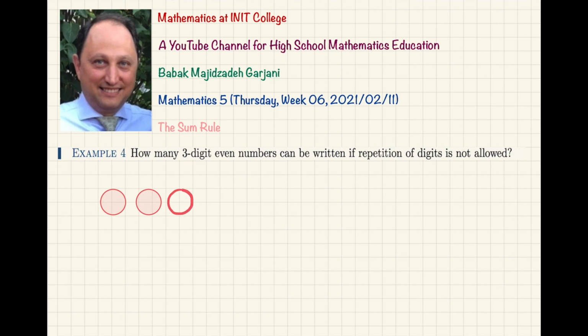Okay, but you know that there are two problems, and 0 cannot be here. On the other hand, 0 sometimes can be here because I'm interested in even numbers. But this has a problem. I cannot put any number that I like here because I am not allowed to put odd numbers there.